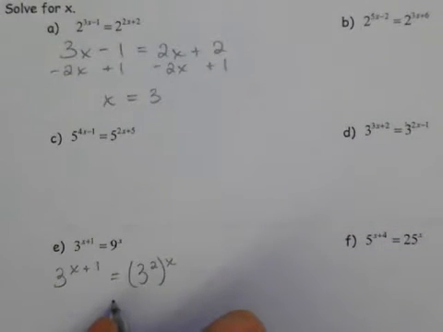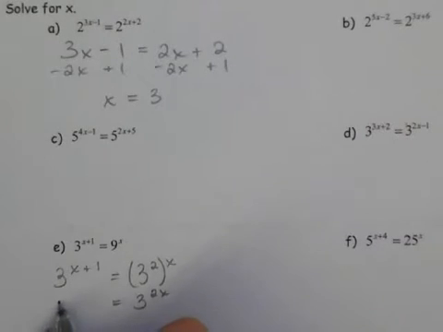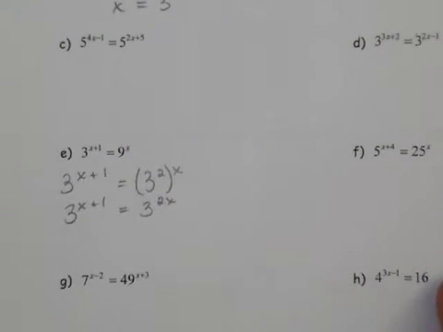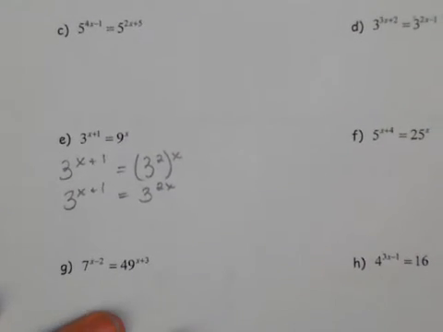So we'll take a look at, so we've got 7 to the power of x minus 2 and 49 to the power of x plus 3. So what do we want to change the base on? 49 is going to become 7 squared.